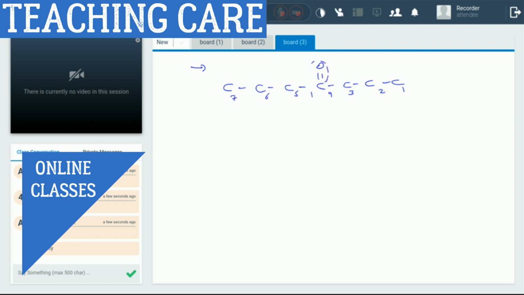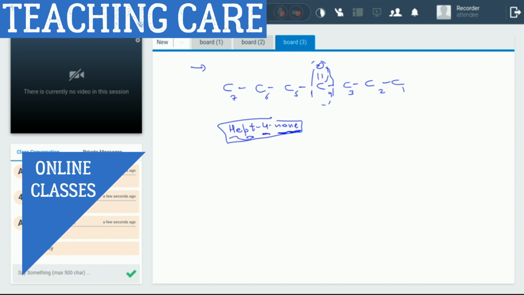So the ketone group is present on the fourth carbon, and the total is 7. 7 is what? Meth, eth, prop, but, pent, hex, hept. So hept-4-one. It means the carbon count is 7 and at the fourth position there is a ketone group. Now you won't say heptanone. You have to mention at what position. So you will call it hepta-4-one.